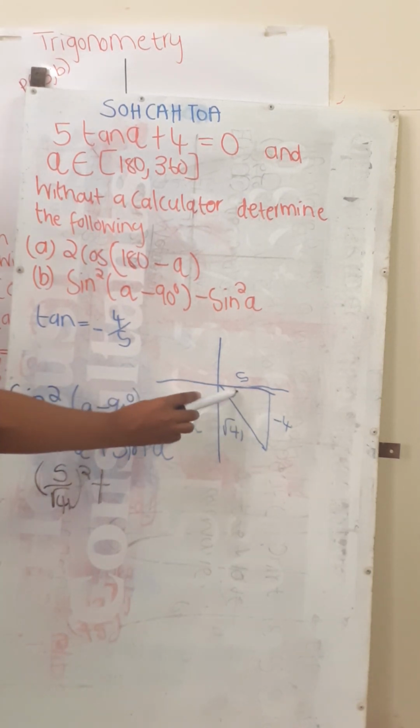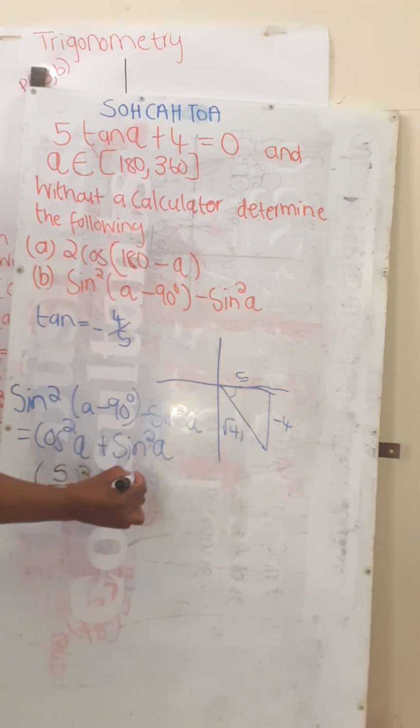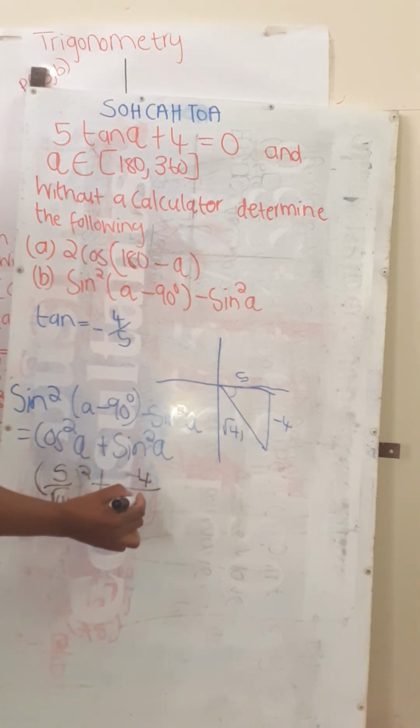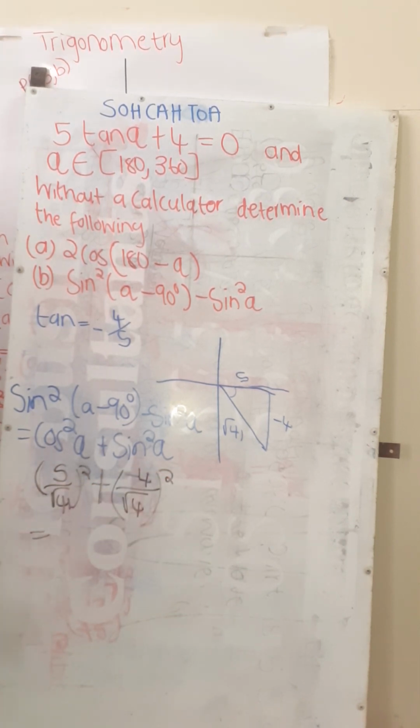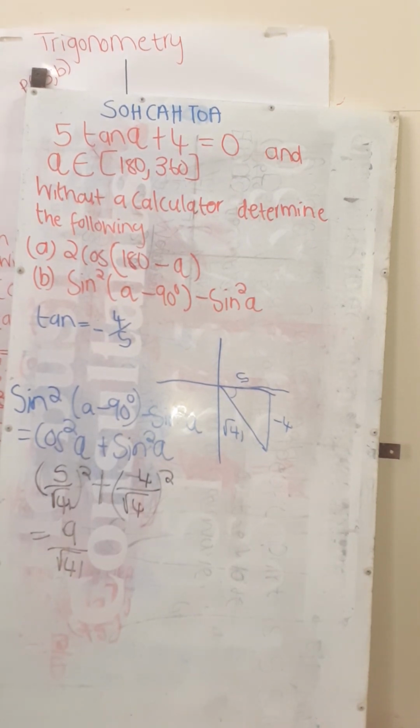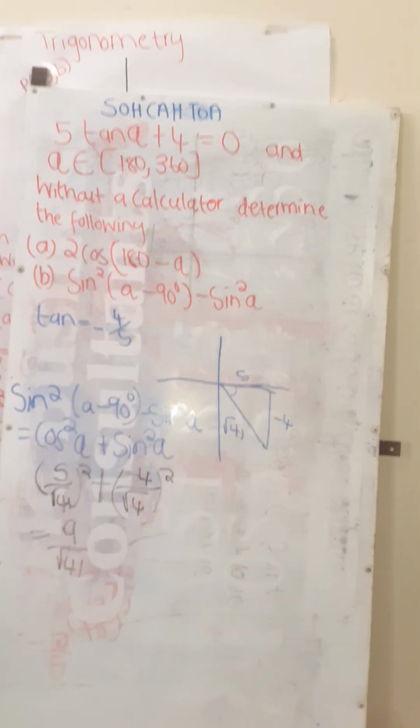This is opposite to this angle, so that will be negative 4 over root 41 squared, and that will equal 9 over root 41. And that is the end of this question specifically.